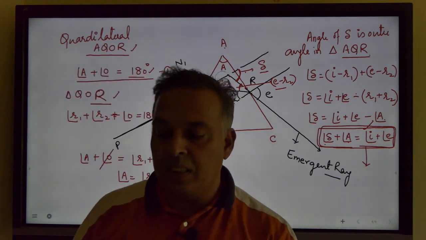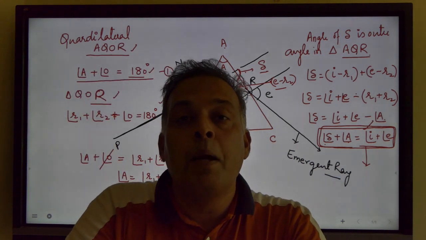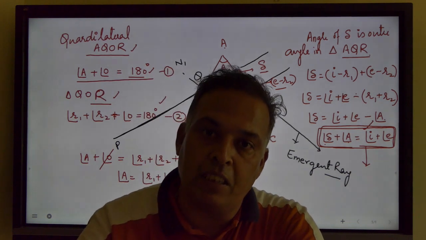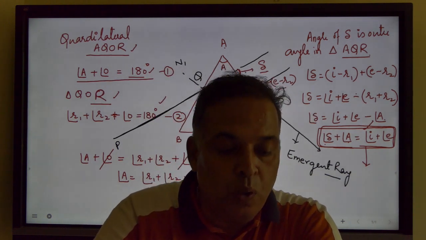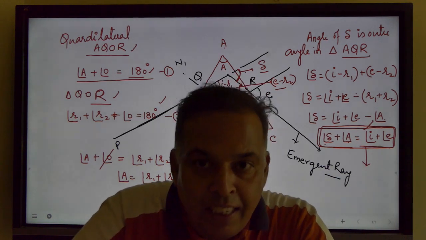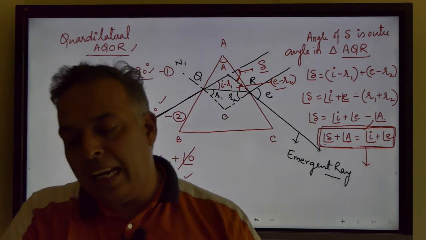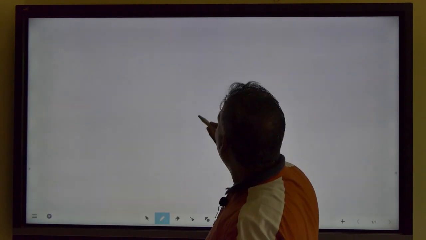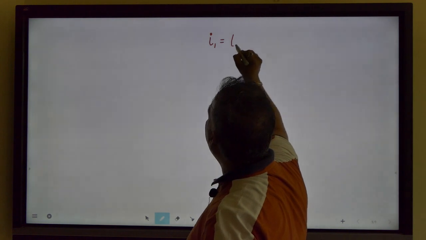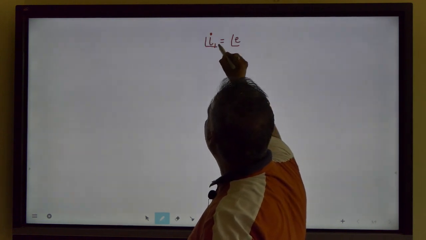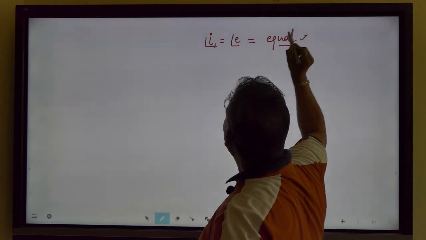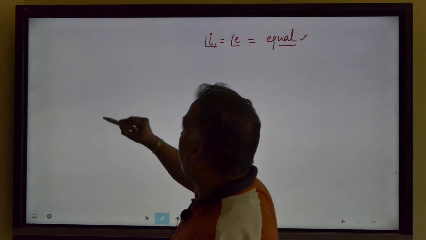Now we have to consider angle of minimum deviation and refractive index of a prism. How do we calculate angle of minimum deviation? We say angle of incidence and angle of emergence are both equal.